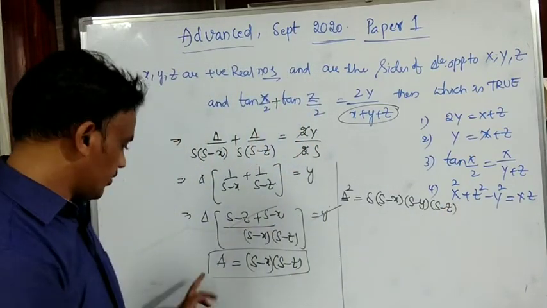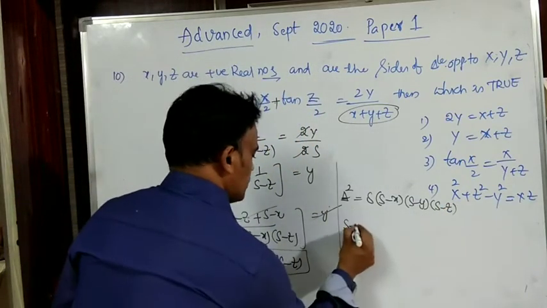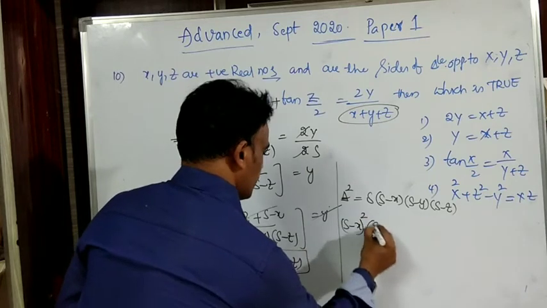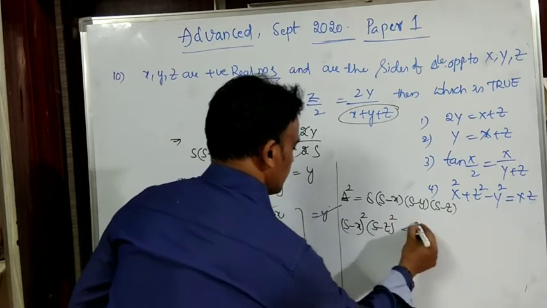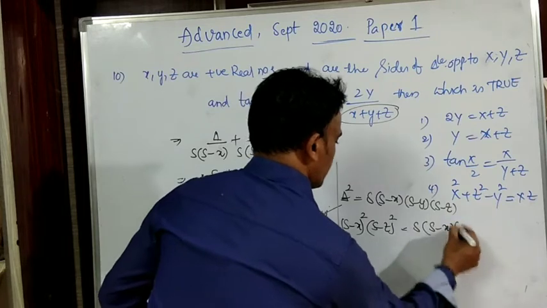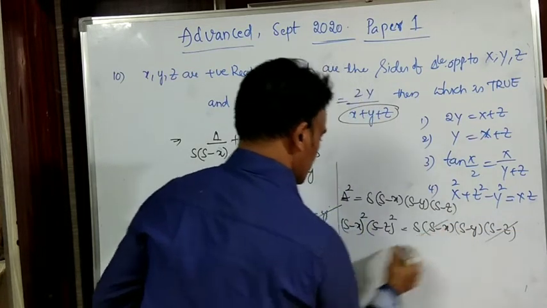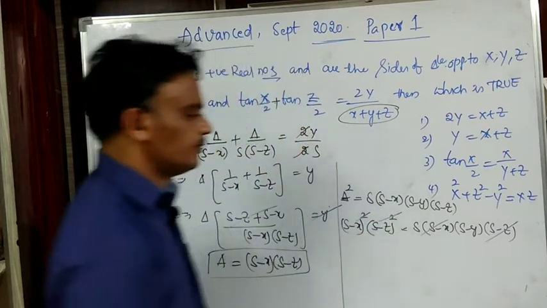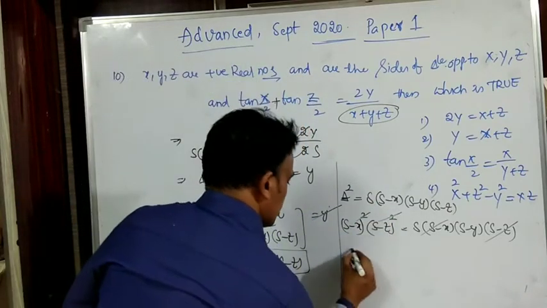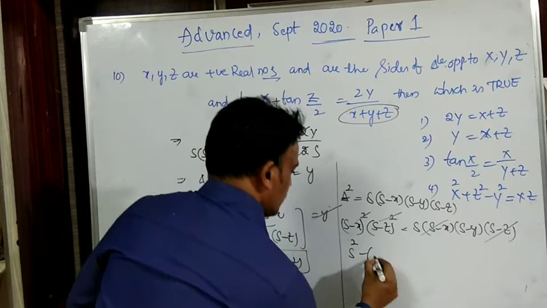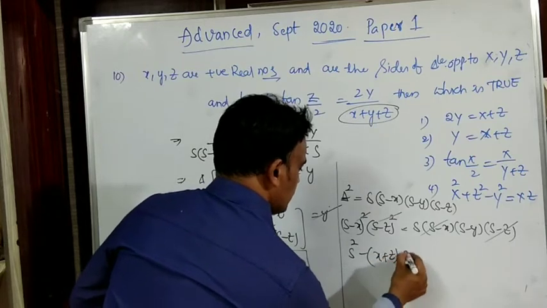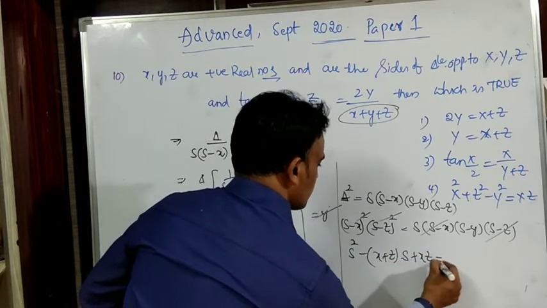Delta square value. Actually, what is delta square? It is s minus x whole square into s minus z whole square, equal to s into s minus x into s minus y into s minus z. One s minus z gets cancelled. So which is s square minus x plus z into s plus xz.